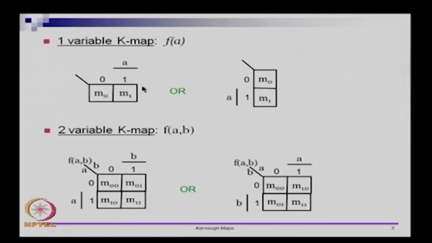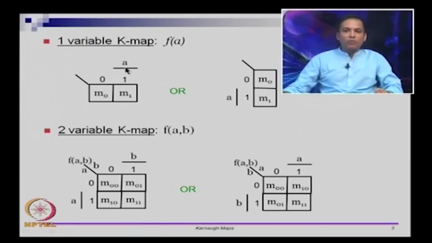The Karnaugh map for one variable essentially looks like this. If I have only one input A, then A can take 2 values, either A can be 0 or A can be 1. I can write it in this row form. A can be 0, so corresponding to this you put the entry m0, and when A equals 1 you put the entry m1.